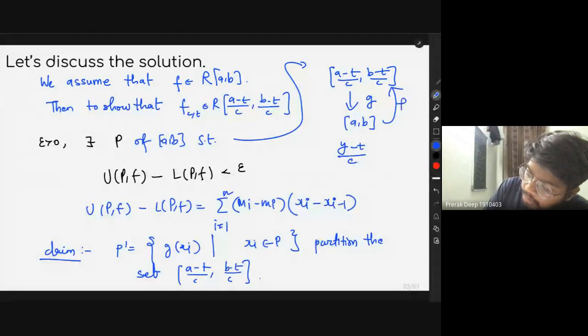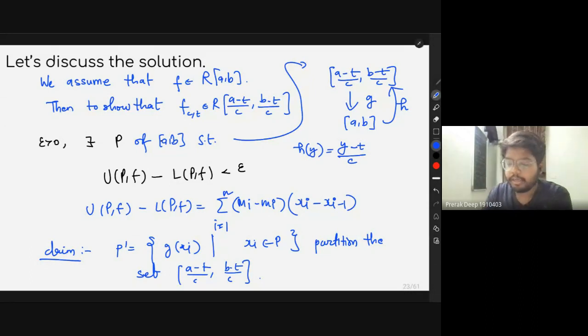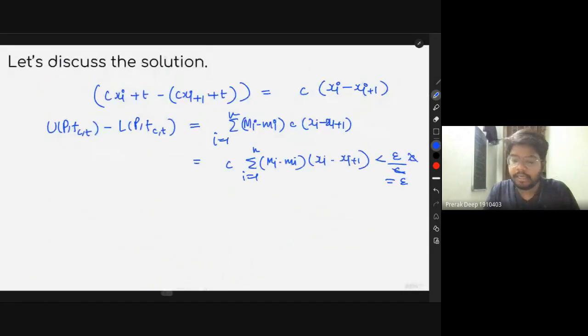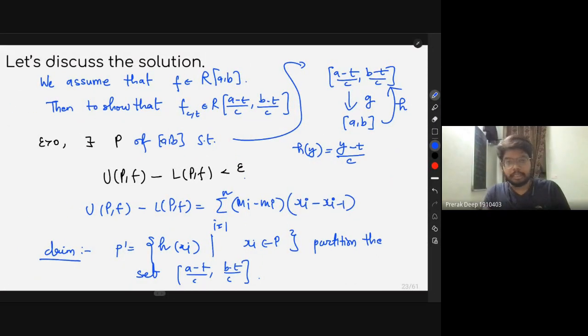We call this map H of y. H will be a map from AB to this. So if I have a partition of AB, then I can make a partition of this interval by composing it with this map H. So H will partition this set, and it will indeed partition the set. Now what about the maximums in that interval?